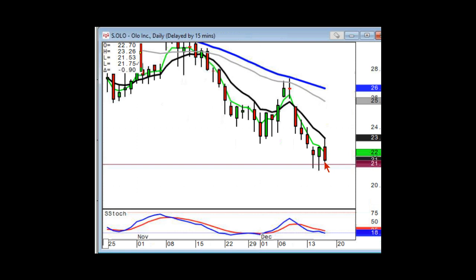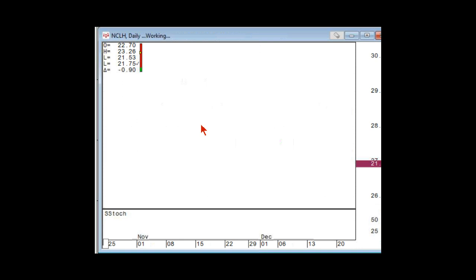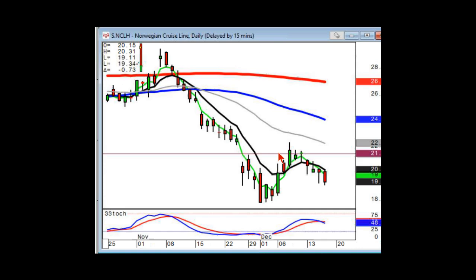So the fact that it came right up and hit that and started trading off told us that that was the natural resistance level, so you can still be short on this one.